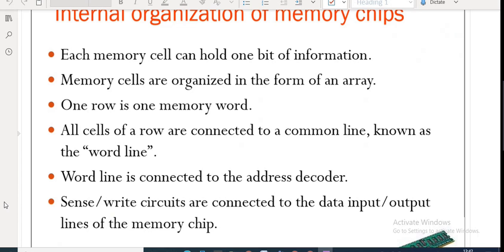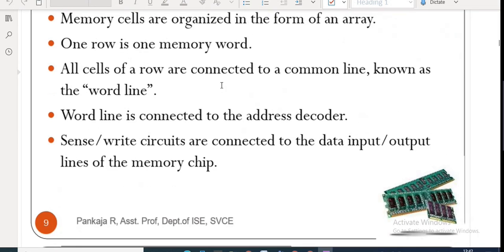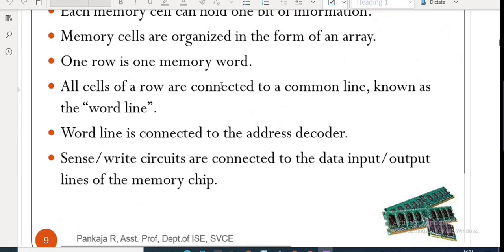If you take a multi-dimensional array, this is the first row of the array, then second, third, fourth, and so on. Depending on the size, you are going to implement the memory. And one row, can you see here? This one cell stores 1 bit of information, and this row indicates the word.